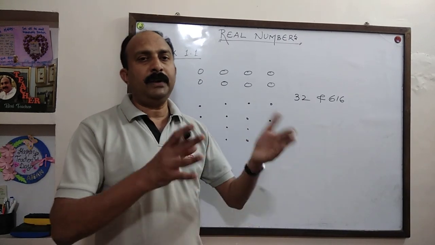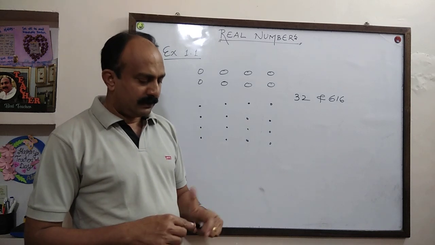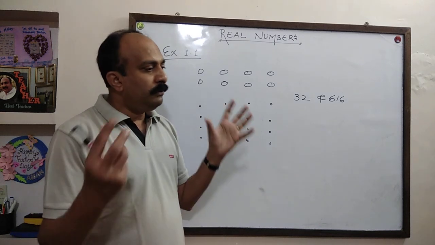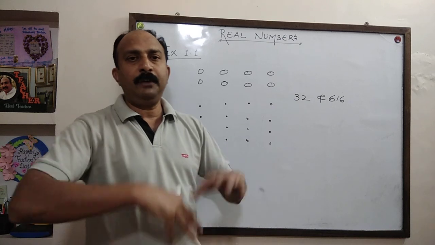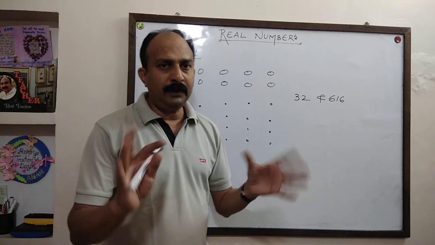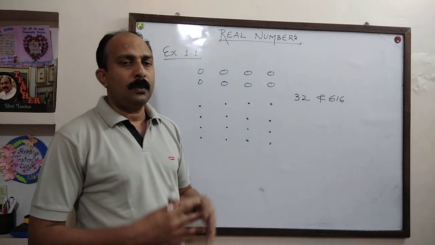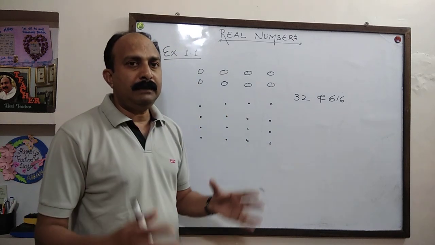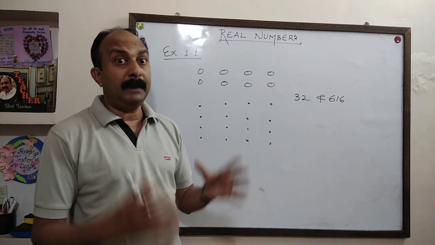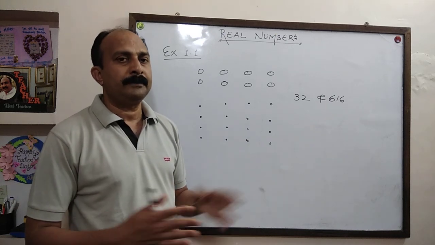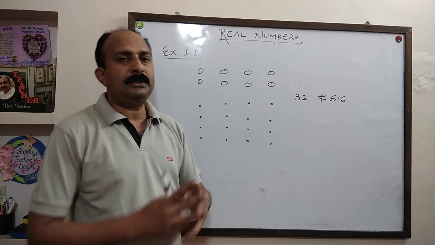But how to identify this type of question? HCF type question. You will be given two groups of different numbers. And you will be asked, by mixing them together, what is the maximum number possible while taking both the numbers together.